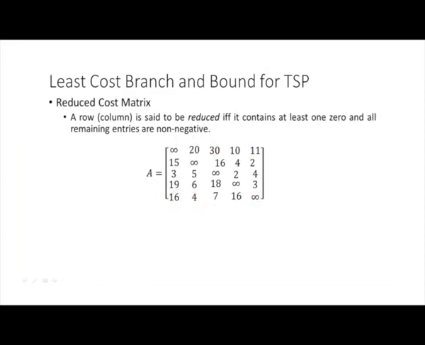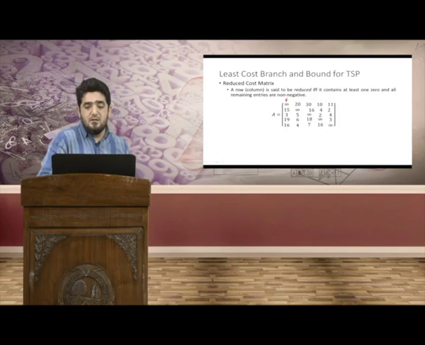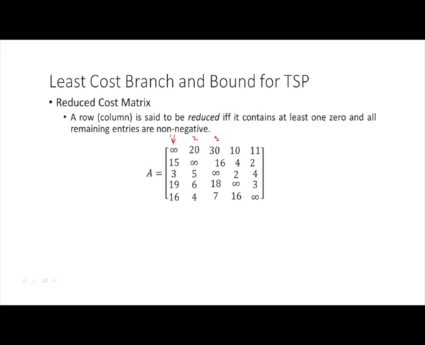In the same way, if we look at a column, what does this column basically represent? As I said, this is labeled as 1, this is labeled as 2, this is labeled as 3, and so on. So this column represents moving to vertex number 1. To make it clear in a moment, this is 4 and this is 5.